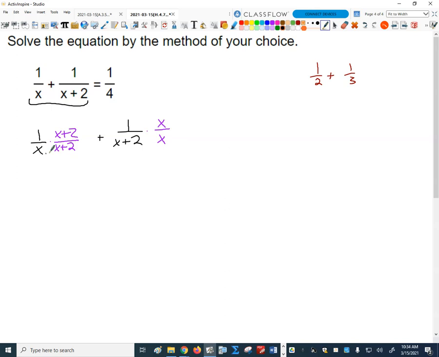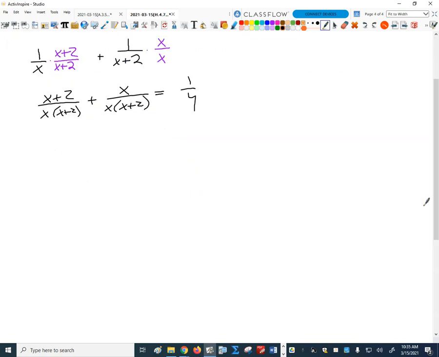So if I multiply straight across, I get x plus 2 divided by x times x plus 2, plus x divided by x times x plus 2, equals 1/4. Well, I've got a common denominator, so I could write the left side as one big fraction, right?